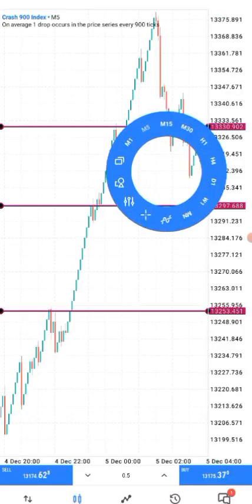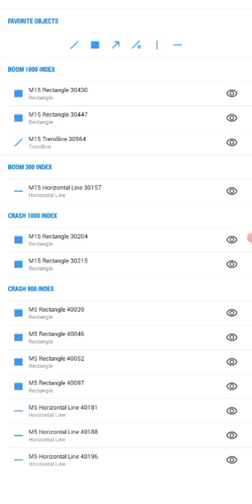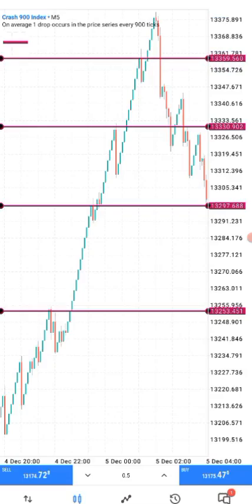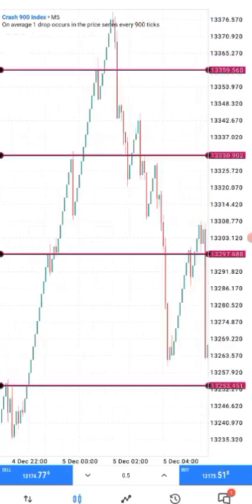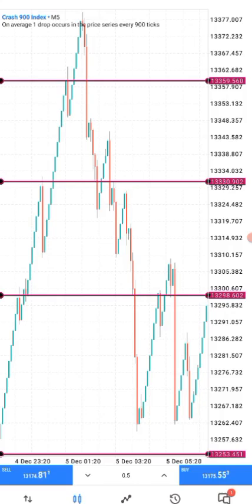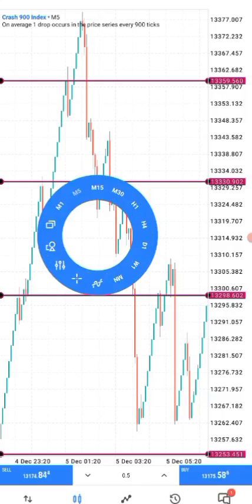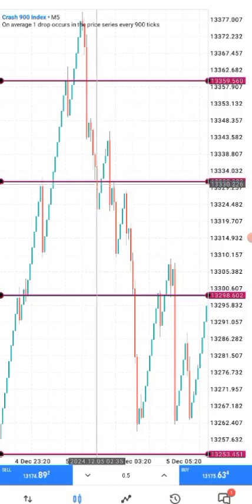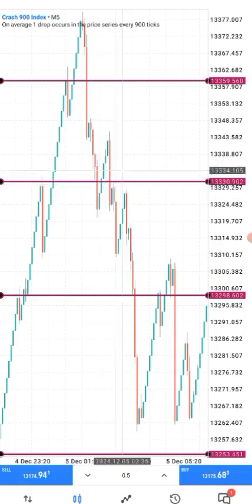This is another key area of reversal. If you go and check your chart, you will discover what I mean by key area. You see it very clearly. When price reaches here, it reacts. That's why we call it the order block reaction.